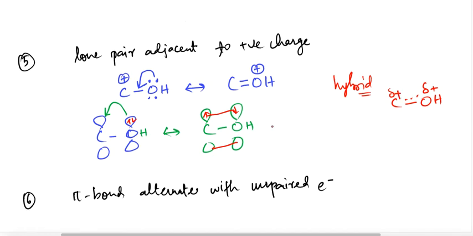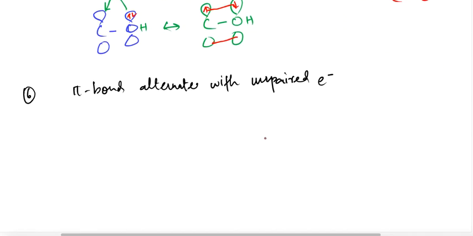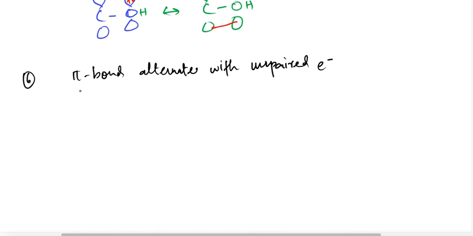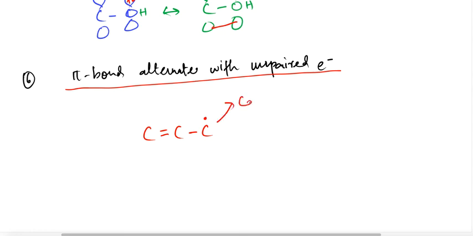Fine. Another kind of alternate bond is where you have C double bond C, and then you have one unpaired electron. Okay, unpaired electron means, suppose, you have a carbon free radical.